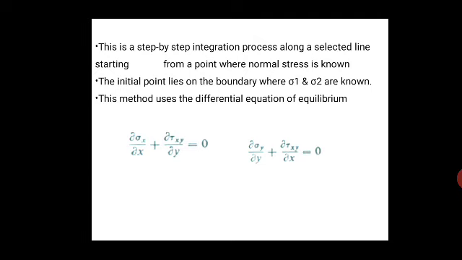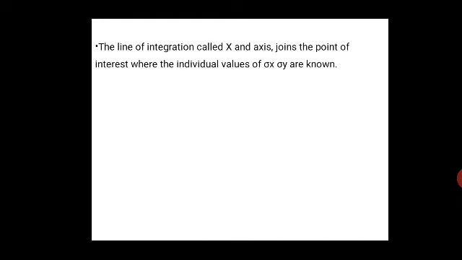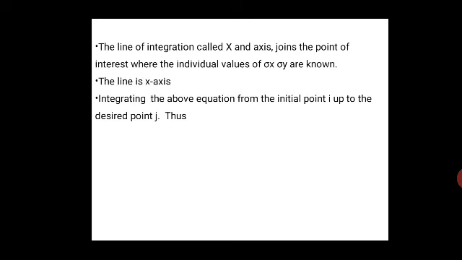The line of integration, which is called the x-axis, joins the points of intercept where the individual values of sigma x and sigma y are known. We need to assume that this line is the x-axis.